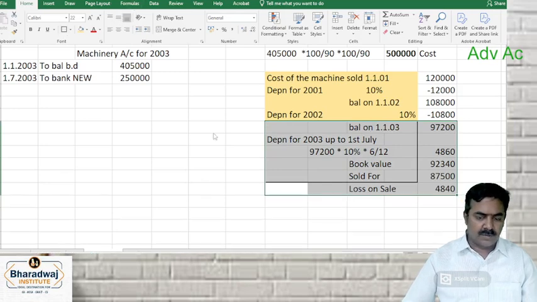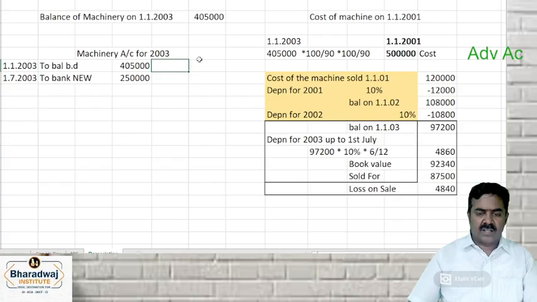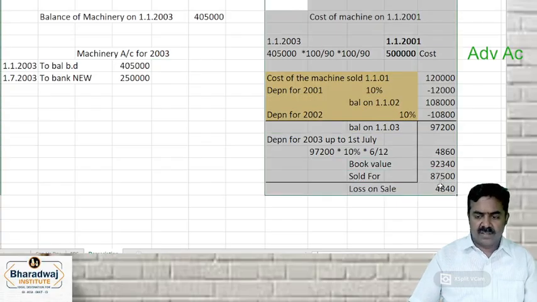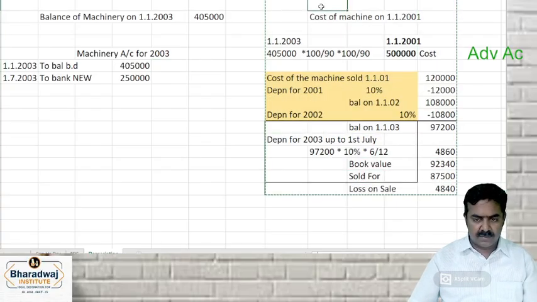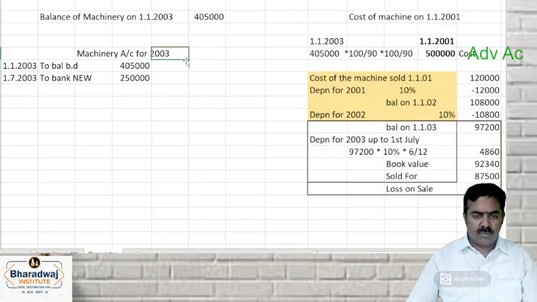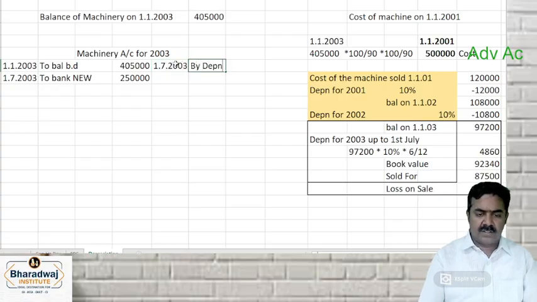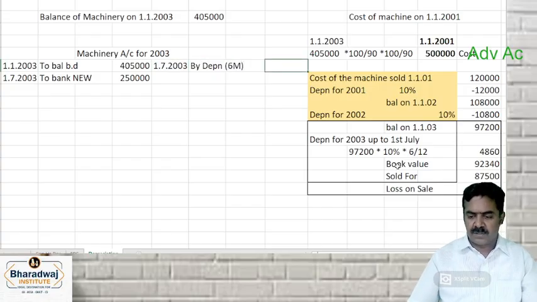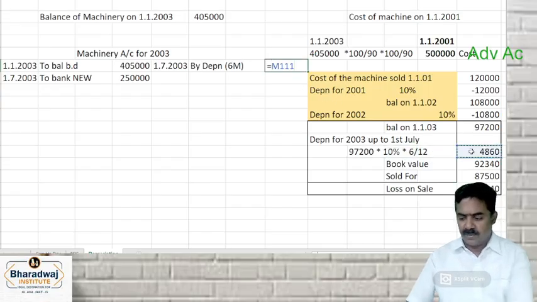Any doubt so far? So when are we selling the asset? 1/7/2003 by depreciation on the 6 months depreciation. 6 months depreciation போட்டிருக்கோமே, எவ்வளவு இருக்குங்க? 4,860.